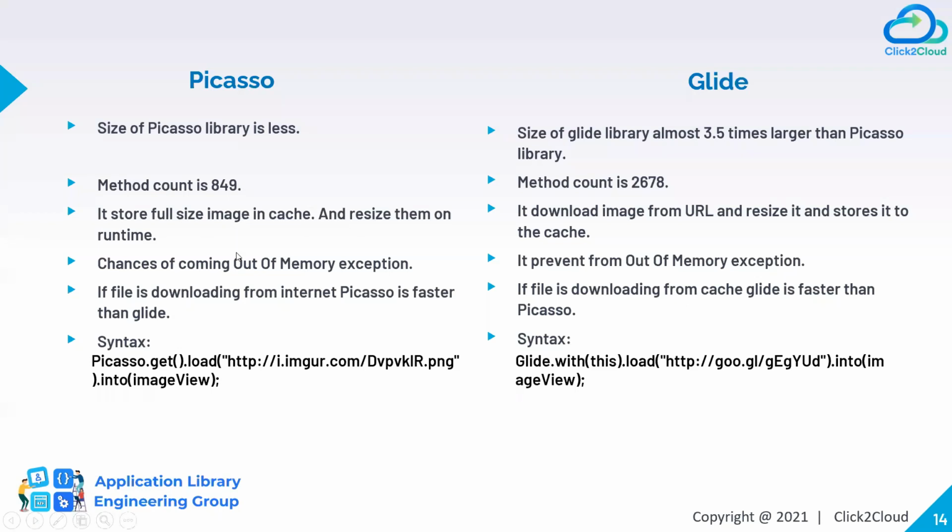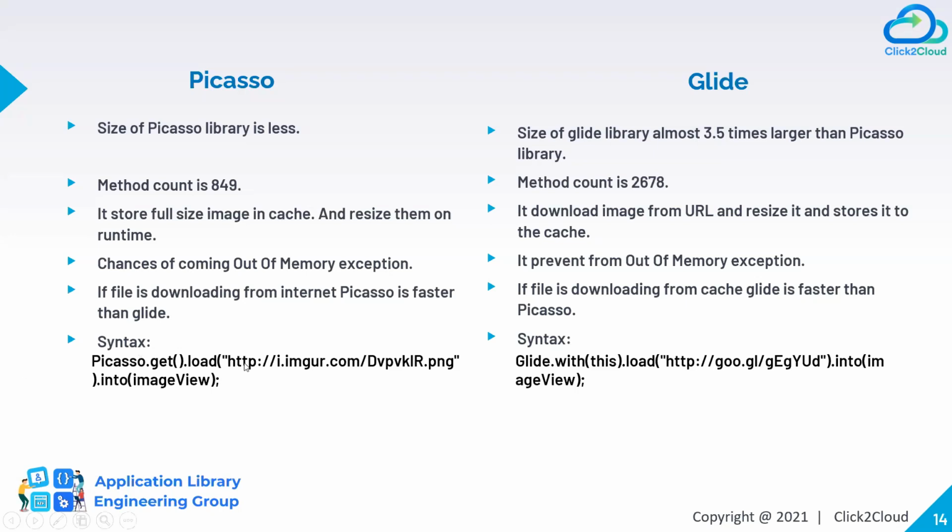There are more chances of an out of memory exception in Picasso, but in Glide there are fewer chances of an out of memory exception because of its caching algorithm. And if we talk about the next point, if a file is downloading from the internet, Picasso is faster than Glide. And if we talk about loading an image from cache, Glide is faster than Picasso.